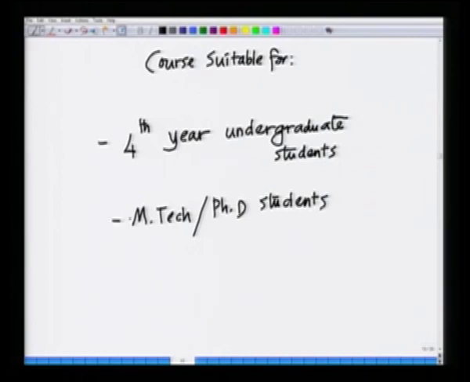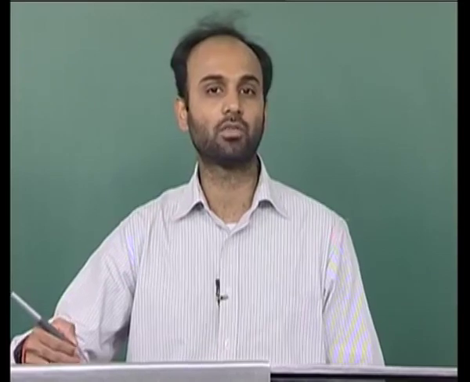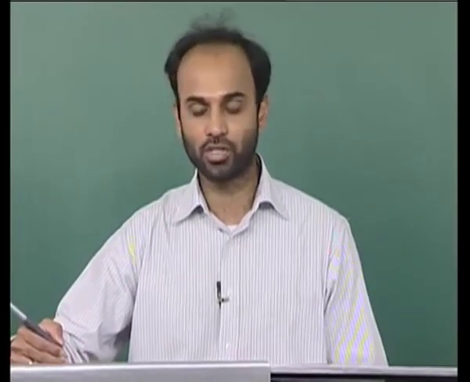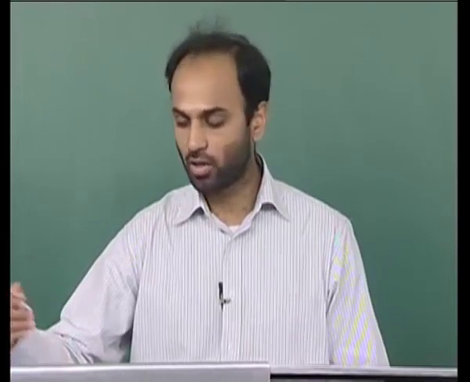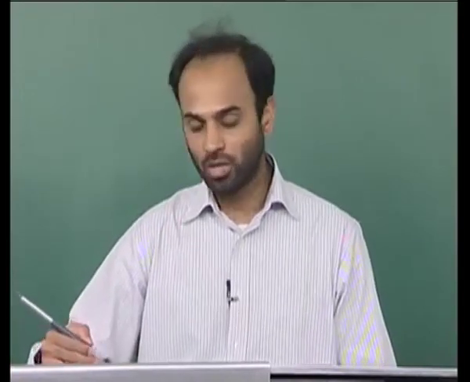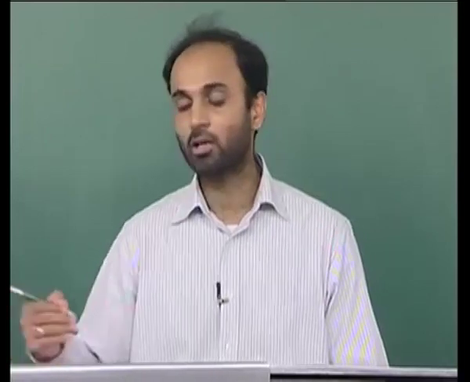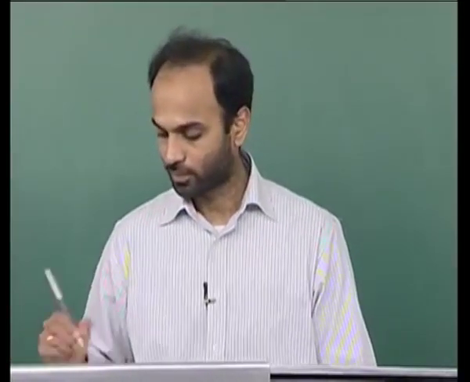So, this course is suitable for 4th year undergraduates, 4th year because you need some prerequisites in terms of basics of communication systems, digital communication, probability and random process and so on. So, it is suitable for 4th year undergraduate students and PG students, namely MTech and PhD students.